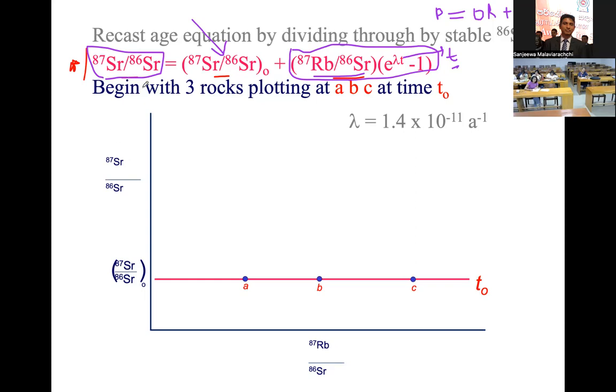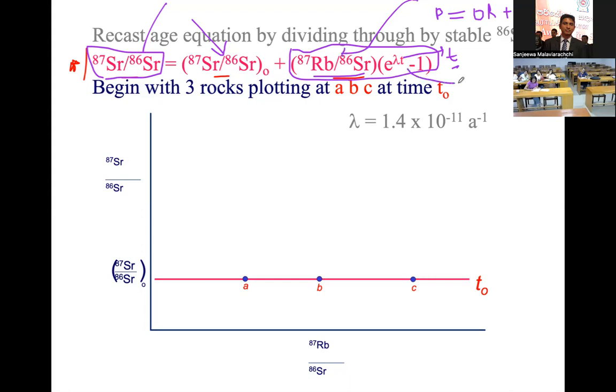So as you can clearly see, this should be giving us a straight line, because this is in the form of y equals mx plus c. So this is y here, and x is the other parameter, that is rubidium, and m is the gradient.